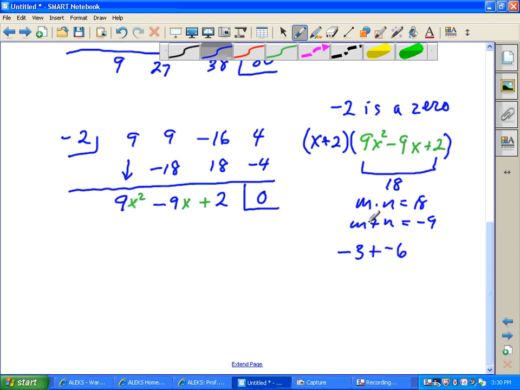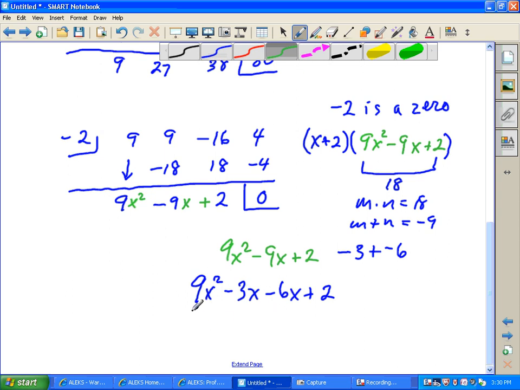Negative 3 times negative 6 is 18. Negative 3 plus negative 6 is negative 9. And so my result is 9x squared minus 3x minus 6x plus 2. Basically what I did there, and you should hopefully know how to do this if you know how to factor, is I rewrote the negative 9 as negative 3 plus negative 6.